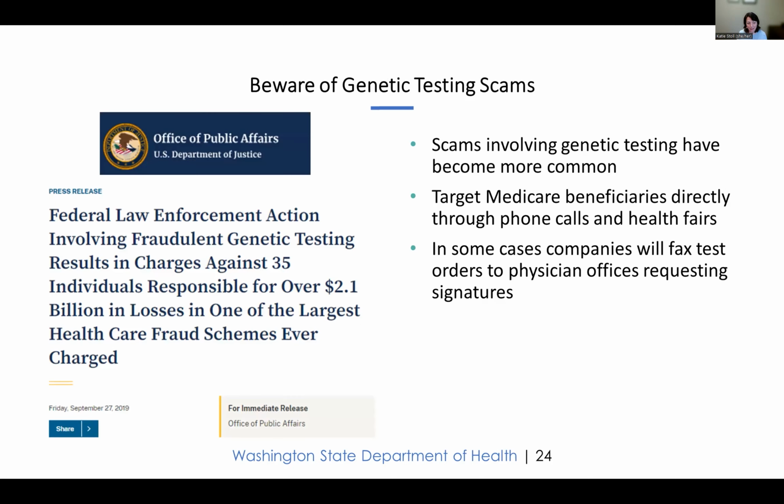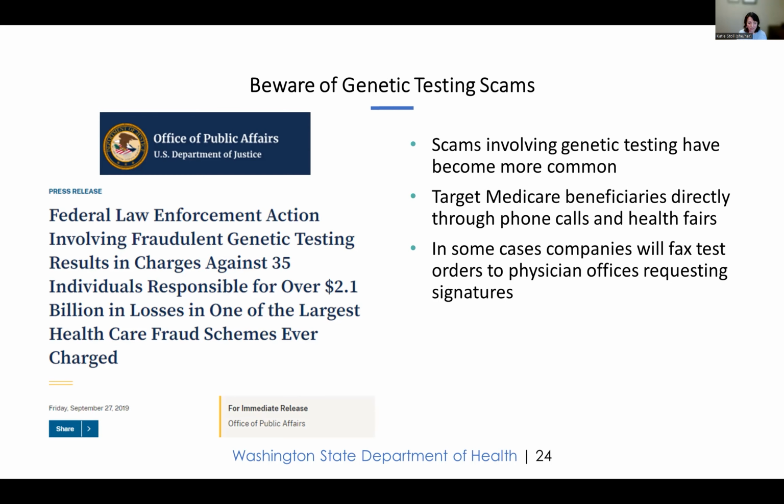And as a last point, I'd just like to raise some awareness around genetic testing scams that are happening now. It's a huge area in Medicare fraud that we are seeing genetic testing targeted at Medicare beneficiaries through cold calls, through booth setup at county fairs, through just faxes that physicians get to their office asking for signatures, requesting genetic testing for their patients.